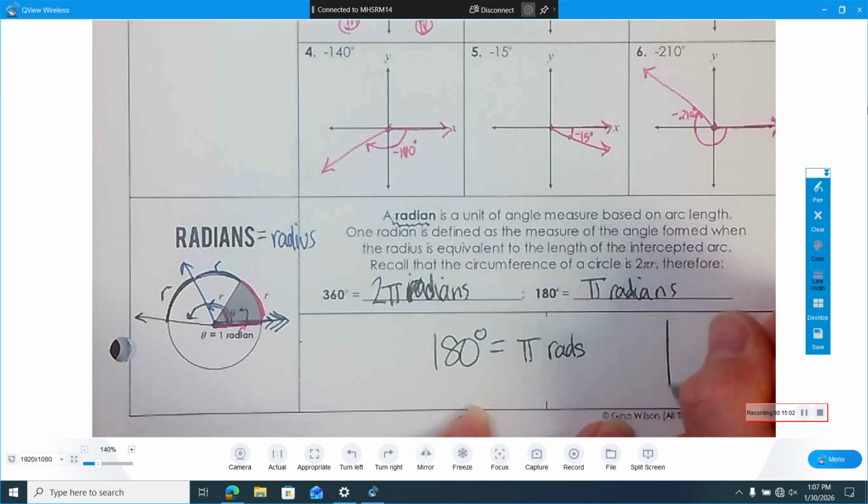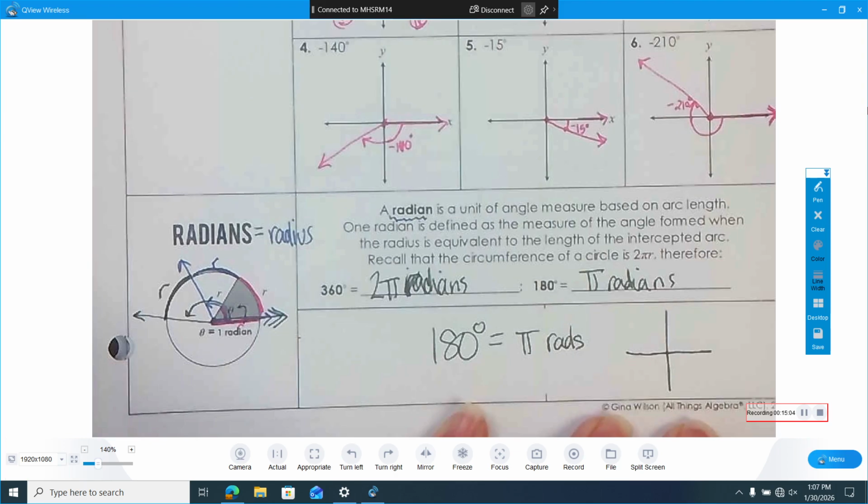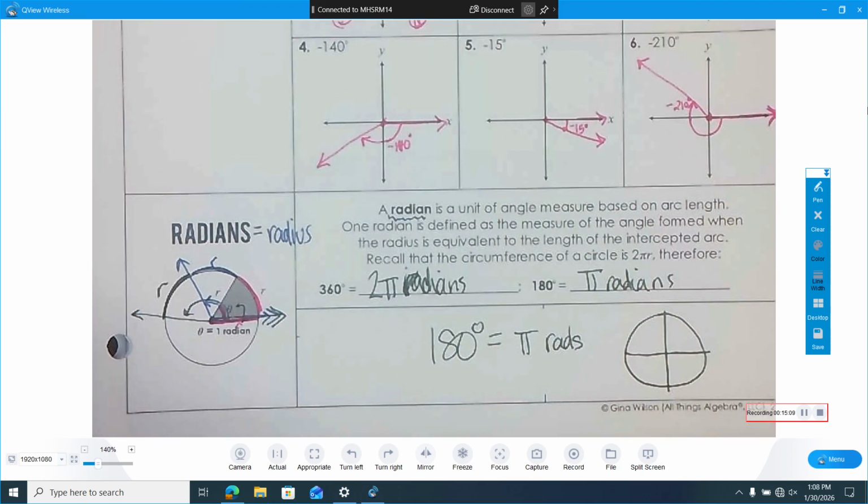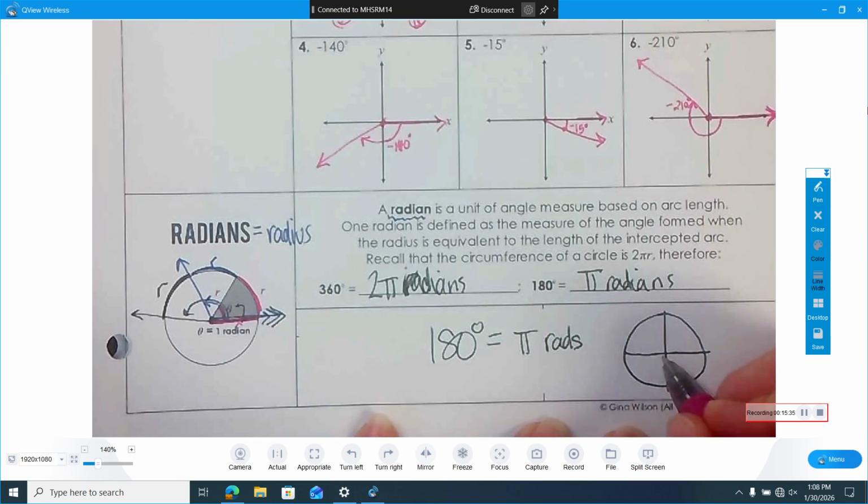Will, will you draw for me? I'm going to set up a little coordinate plane here, and I'm going to put on there a little circle. Will you draw what you think might be an angle in standard position that is 4 radians? What quadrant does it end in?